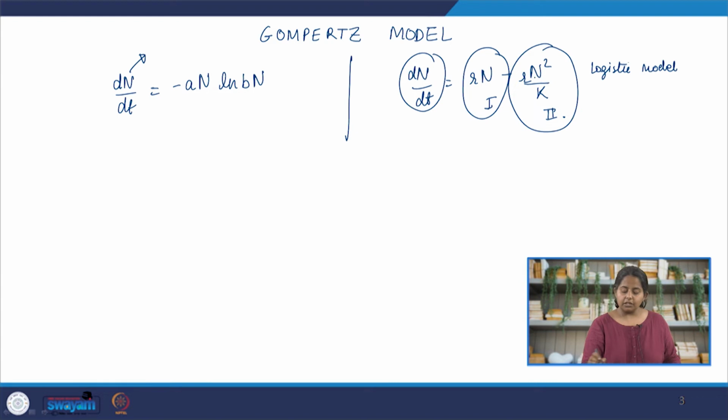Now, notice that these two factors are separated by a subtraction. Whenever we have a plus or a minus sign separating two factors in a model, you can be quite confident that these two factors are happening independently, that these two factors represent phenomena that are happening in real life, but they are sort of happening independent to each other.